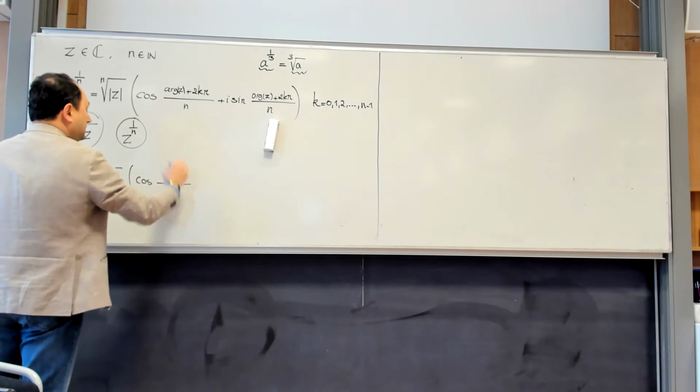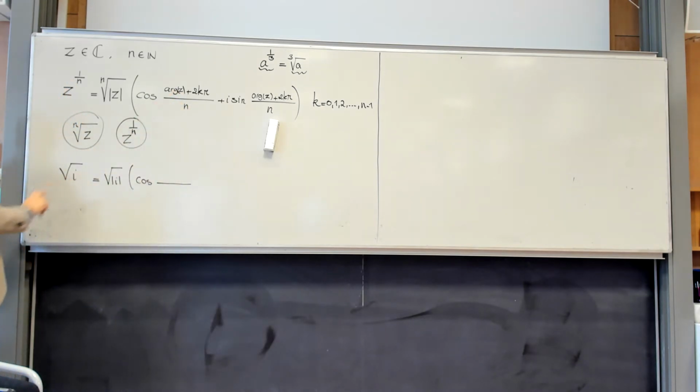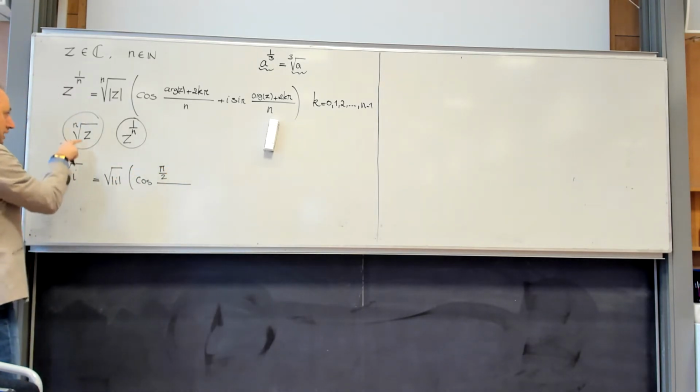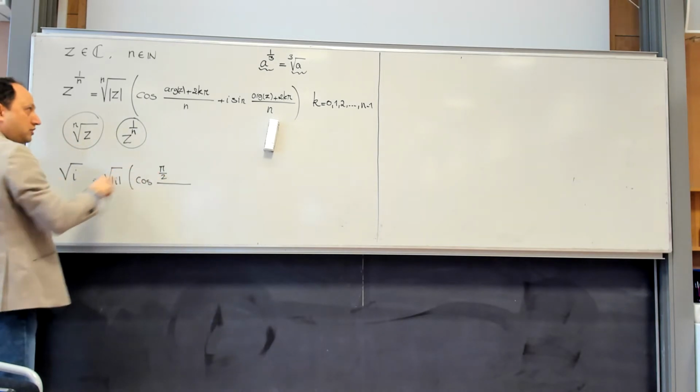Okay, can you tell me what is the argument of z? What is the argument of i? Just imagine it, yes? 1. No, argument. Pi over 2. Pi over 2. Argument is the angle that the vector corresponding to it makes with that. So it's pi over 2. But because of this symbol and this convention, what should I choose for k?